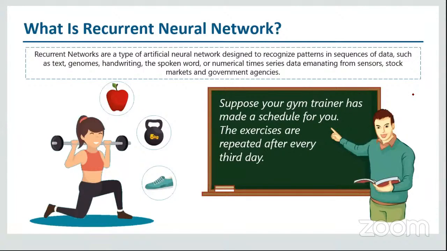A recurrent network is a type of artificial neural network designed to recognize patterns in sequences of data such as text, genomes, handwriting, spoken word, numerical time series from sensors, stock markets, and government agencies. Now, see this particular thing.